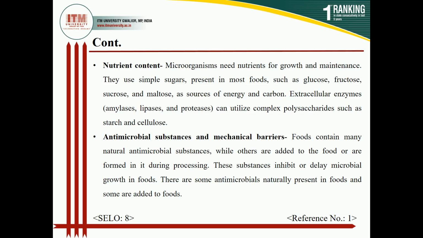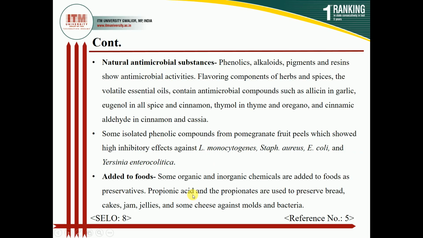So these are some substances that can inhibit or delay the microbial growth in the food. There are some antimicrobials that are naturally present in the food, and there are some antimicrobials that we have to add into the food to prevent our food from spoilage.